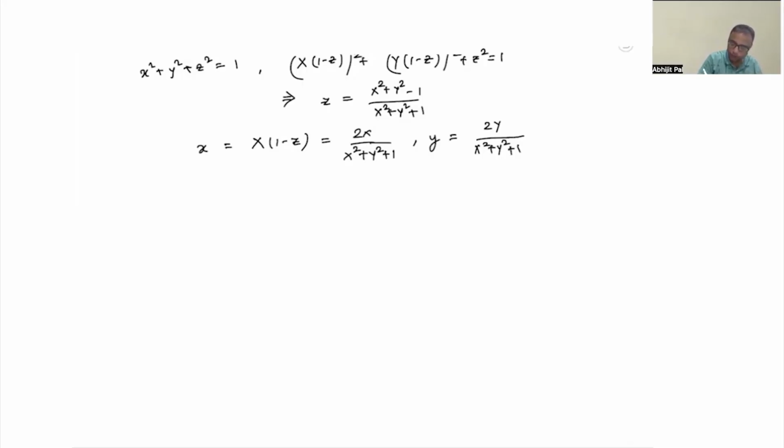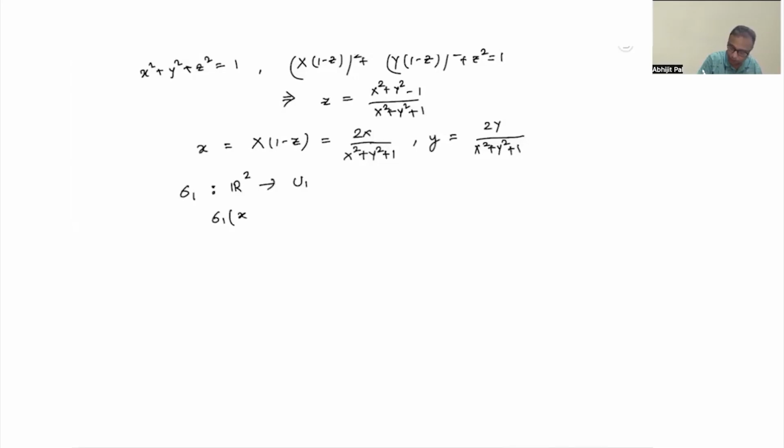Okay, so now I can take sigma 1, a map from R2 to your U1. So what is my map?